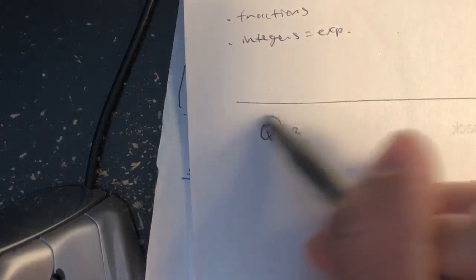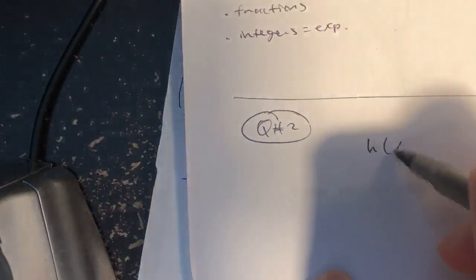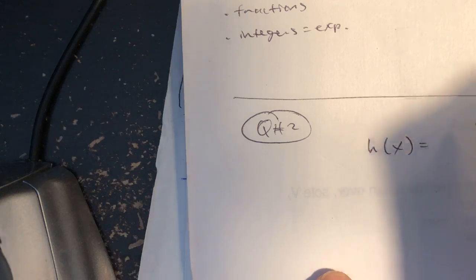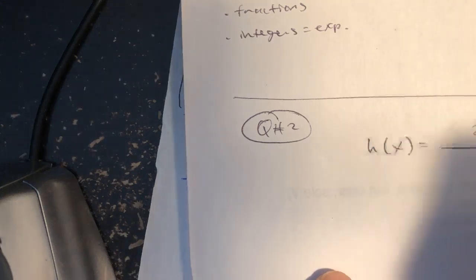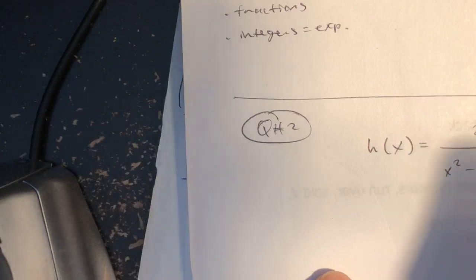All right, question number 2. Use algebra to determine the vertical asymptotes of each function. So I have h of x is 2x over x squared minus 9x plus 8.